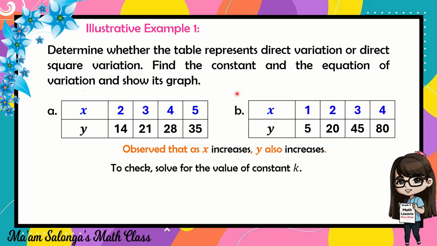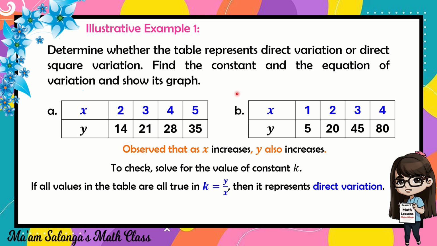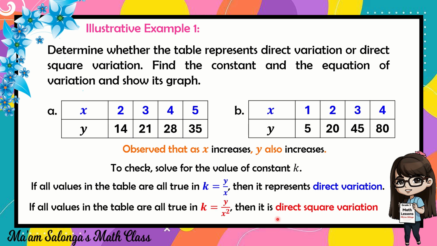To check, solve for the value of constant k. Hahanapin lang natin yung constant. Now, if all values in the table are all true in k equals y over x, this is the formula of the constant of direct variation. On the other hand, if all values in the table are all true in k equals y over x squared, then it is direct square variation.